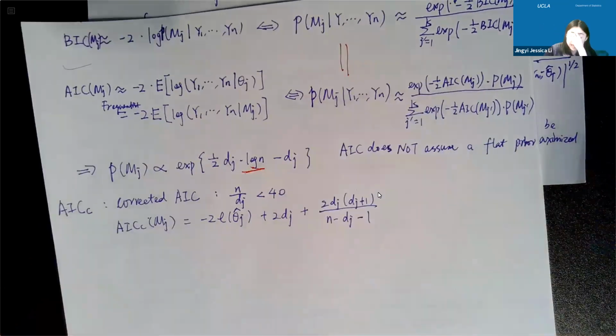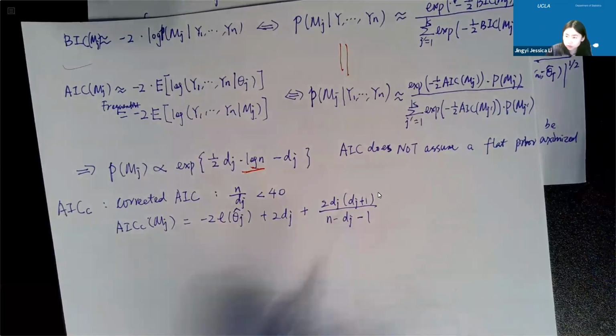You can see that when n is much bigger than dj, this term will go to 0, so you can ignore the third term. But when that's not the case, the third term may not be too small, so you want to keep it. Essentially, the third term increases the penalty on dj, so you will tend to select a smaller model, just as BIC does.